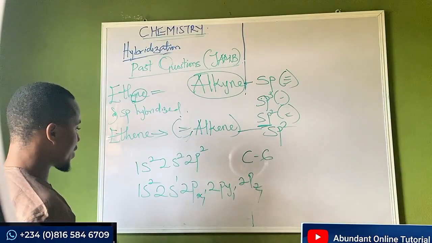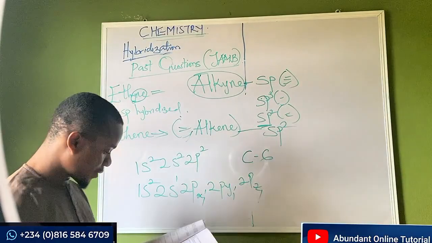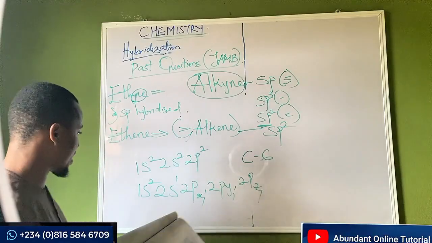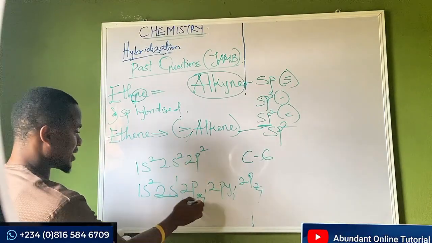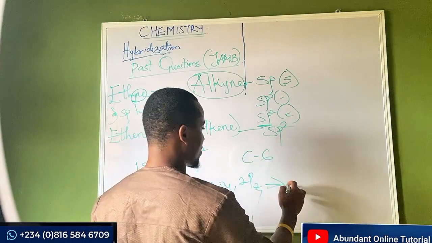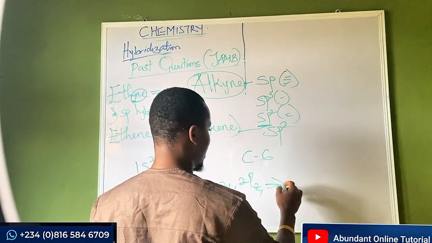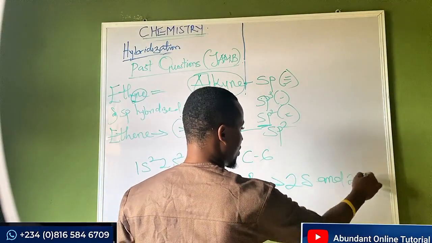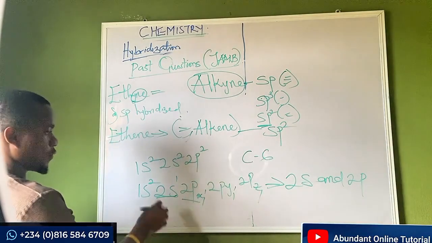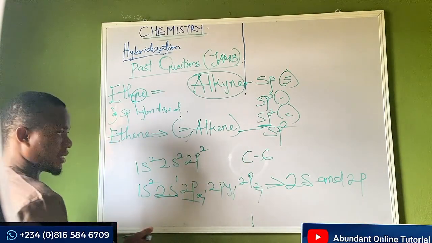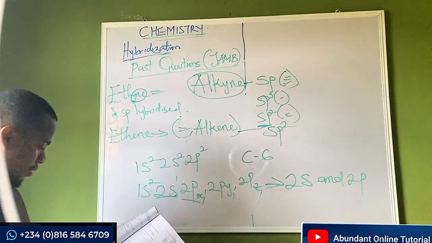Now if you look at this, the question says which of the following orbitals of carbon are mixed during hybridization? This one and this one are mixed during hybridization. So the orbitals that are mixed are 2s and 2p. Hope you understand. If you split it, you have 2s and 2p. They are mixed during hybridization.